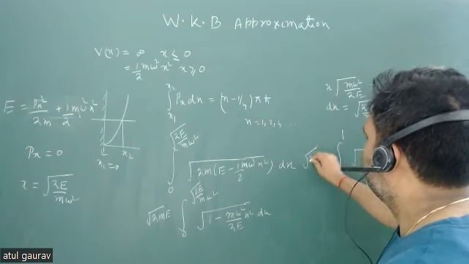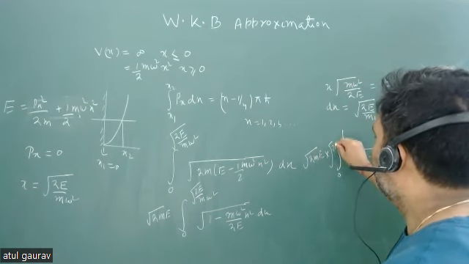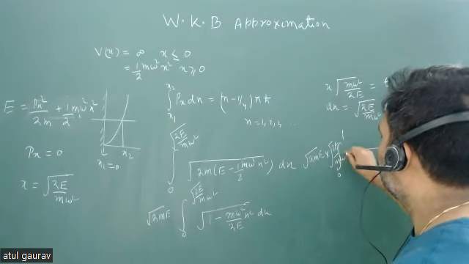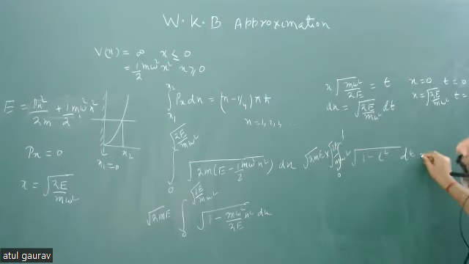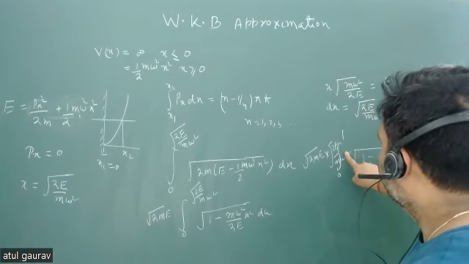We are doing exactly the same thing here, with root under 2E upon m omega square, and that value must be equal to n minus 1/4 π ħ. So how will we solve this integration?